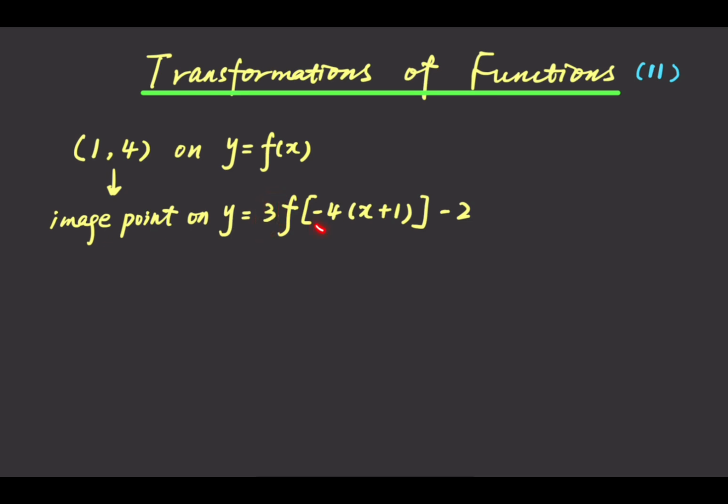what A is, what K is, what D is, and the corresponding C. We know the standard form of the transformed function should be like this: y equals A times f(kx minus d) plus c.